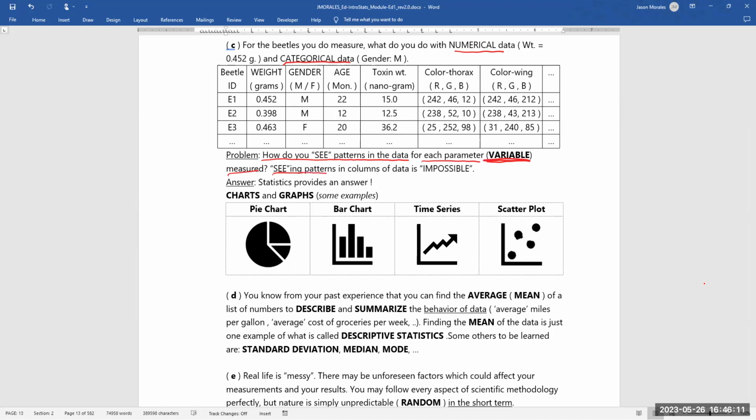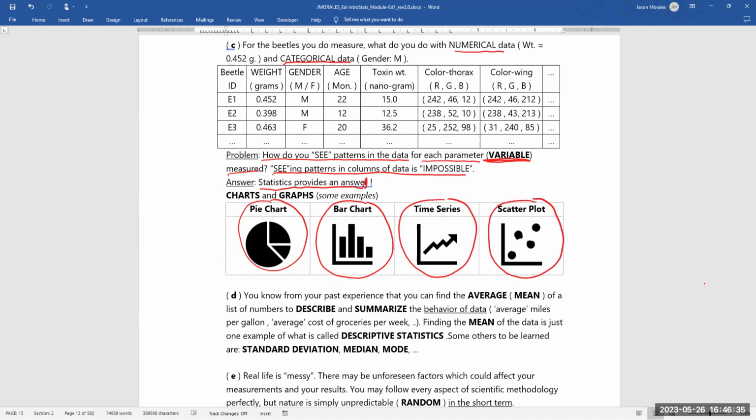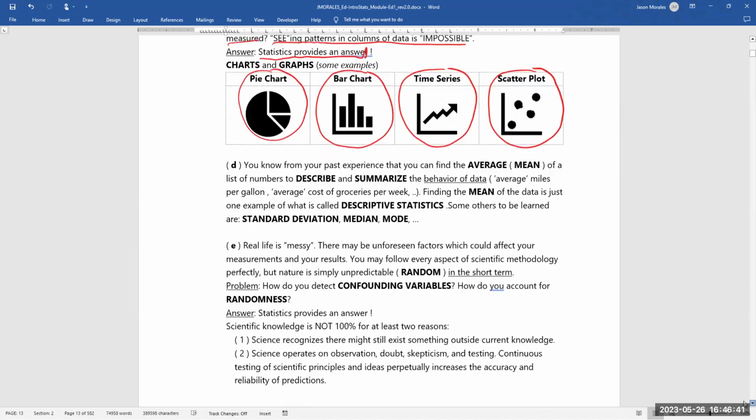Seeing patterns in columns of data is impossible, or at very best difficult. Statistics provides an answer. You can take this data and make something visual. You can create pie charts, bar charts, time series, and scatter plots, to name a few. Once you create these visuals, you will be able to see patterns in the data.